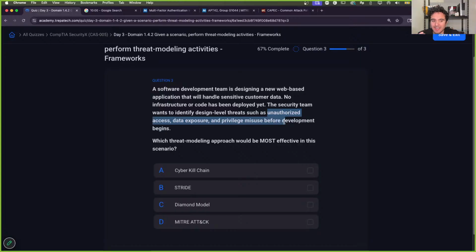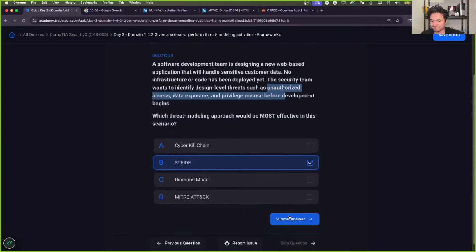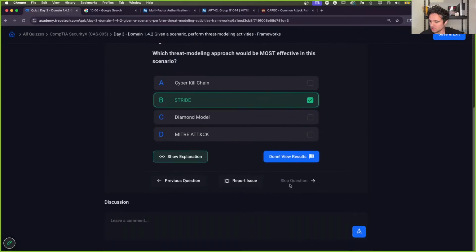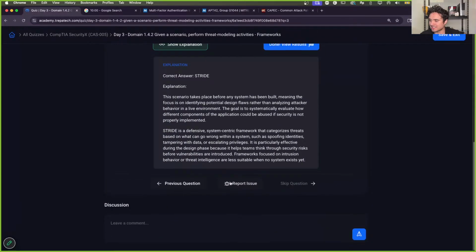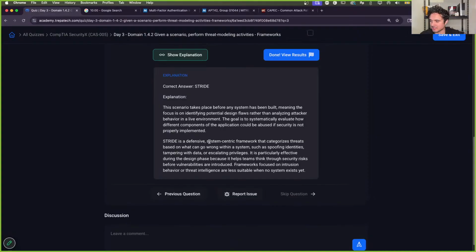We're not looking at where to stop a kill chain. And we're not deciding what our adversary is or who the victim is. We're just looking at the system itself. So I'm going to go with B here, STRIDE. So remember, this is just looking at the system itself, right? It's a system-centric framework that categorizes threats based on what can go wrong within a system.